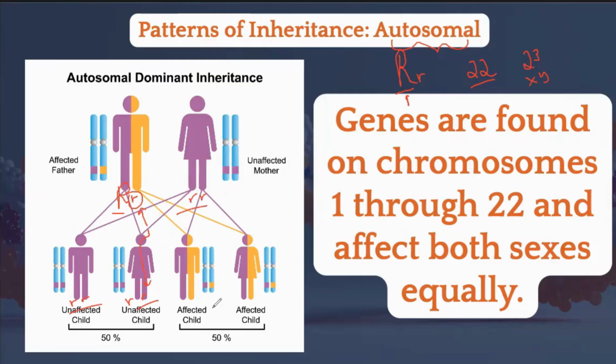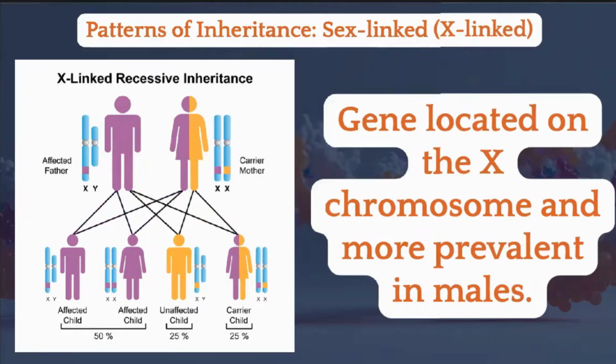And the affected children are just going to be big R, little r. We know this because the mother can only give the little r, so the children are big R, little r. So this is an example of autosomal dominant inheritance because it shows you how the alleles play into the offspring and the chance of having a disease.